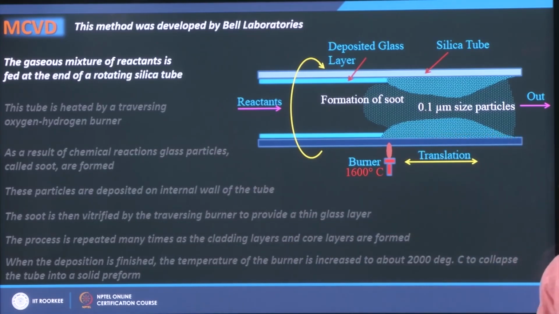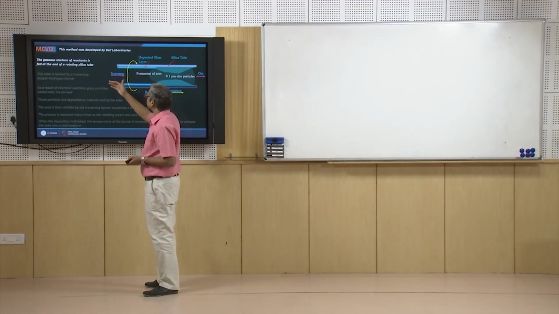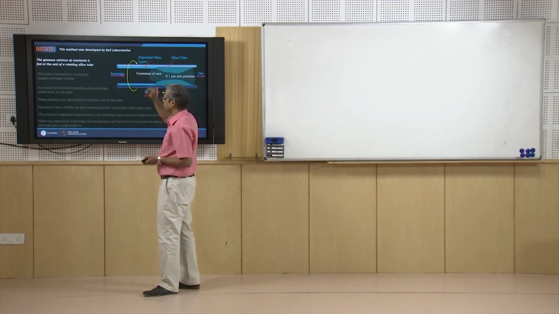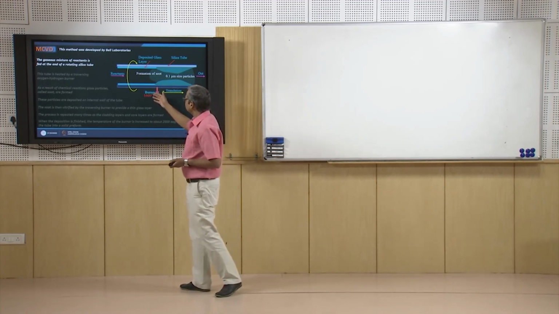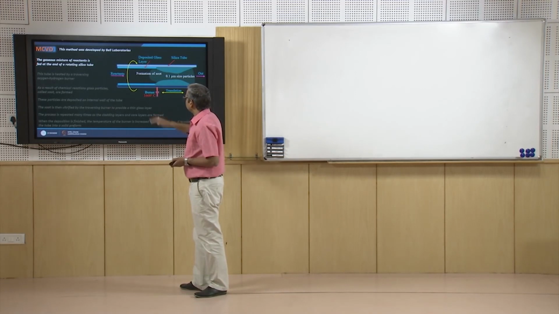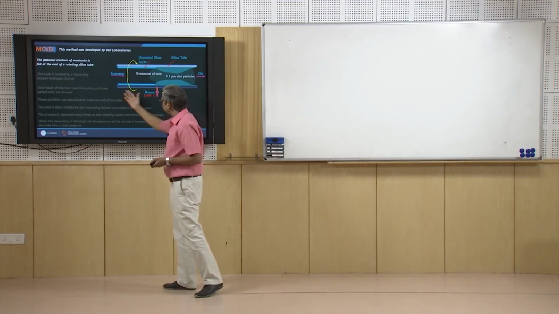So, this is glass working lathe. You can see that this tube is rotating and this burner is translating. This burner is quartz burner which can withstand very high temperature. From here the gases are flown in and this burner translates this tube.